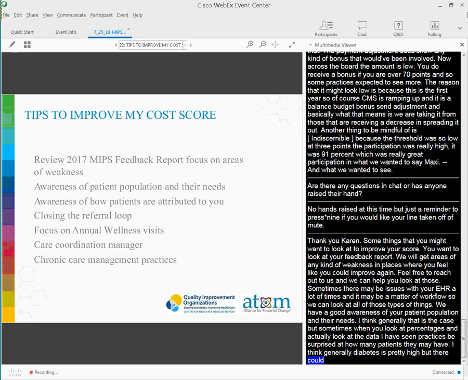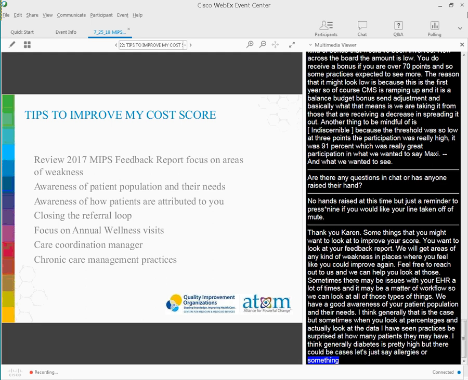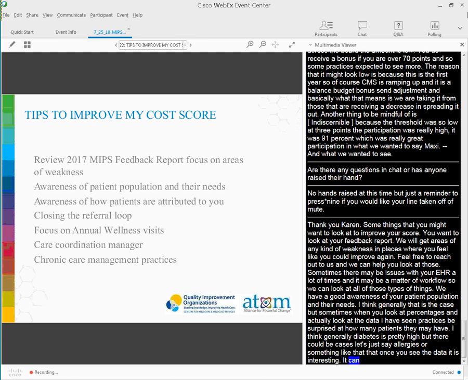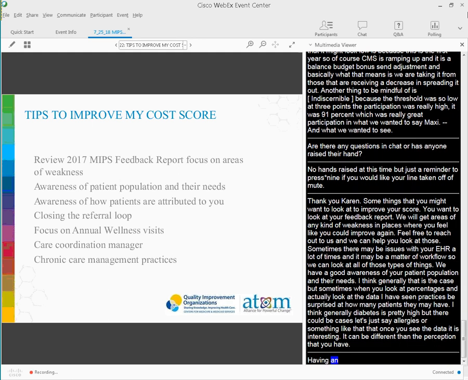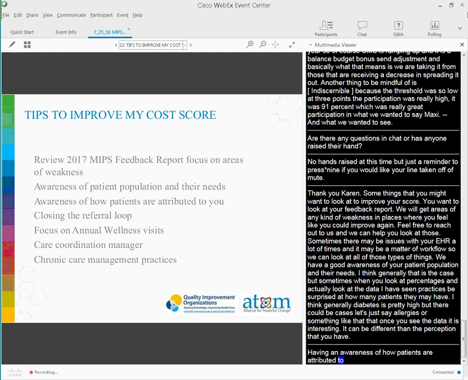Once you see the data, it's interesting. It can be different than the perception that you have. Have an awareness of how patients are attributed to you, so the people that you see regularly for their chronic conditions are going to be attributed to you.